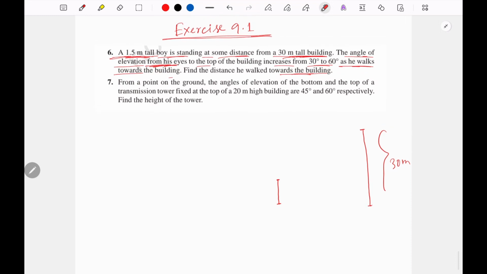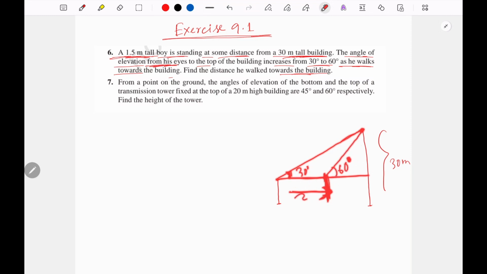So at this point if he watches the top of the building, the angle of elevation is 30 degree. Now as he walks towards the building, the angle increases from 30 degree to 60 degree. Suppose he reaches here, so at this point the angle of elevation is 60 degree.